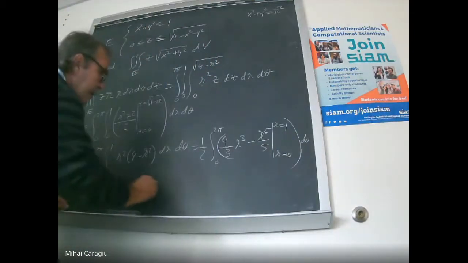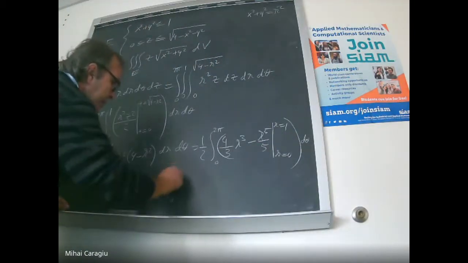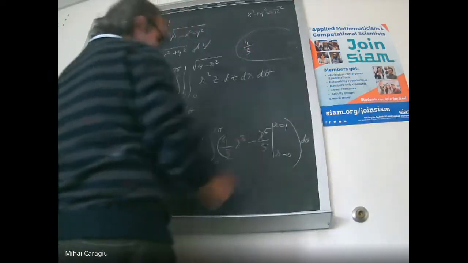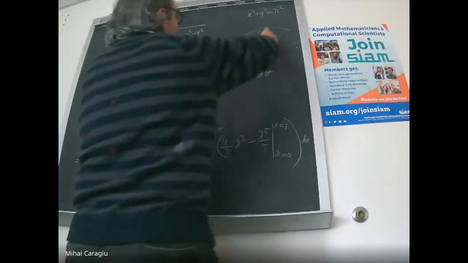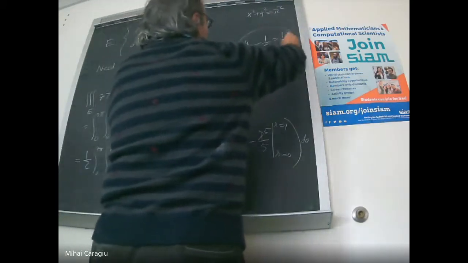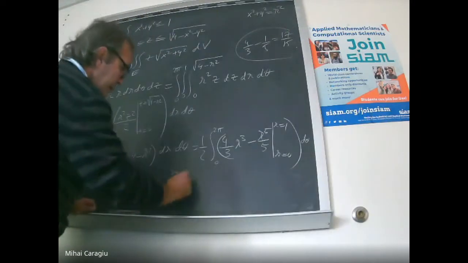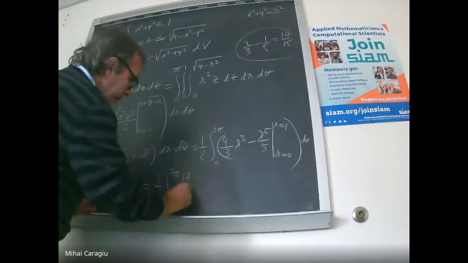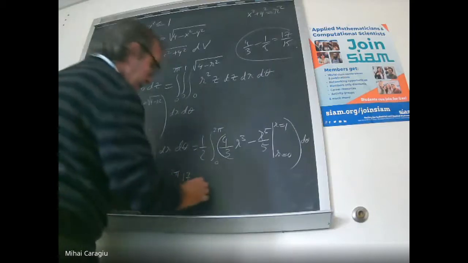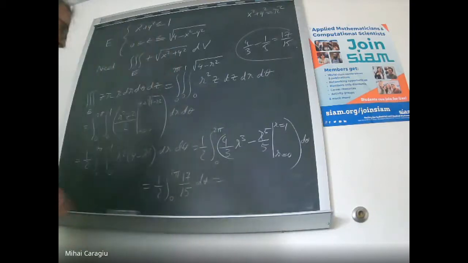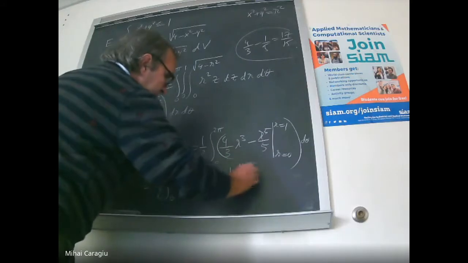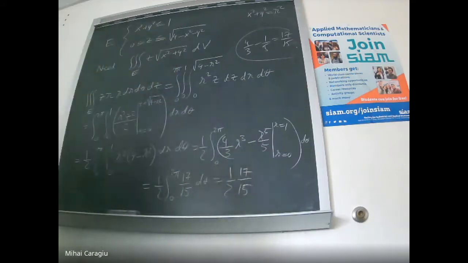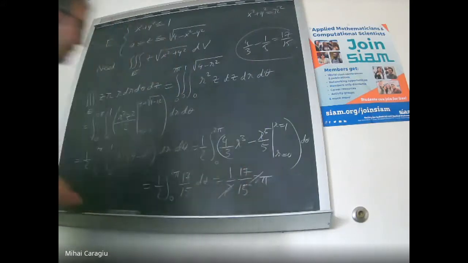That will be 1 over 2 integral from 0 to pi. What's 4 over 3 minus 1 over 5? It is 17 over 15. d theta. This will be 1 over 2 times 17 over 15 times 2 pi. The answer is 17 over 15 pi.